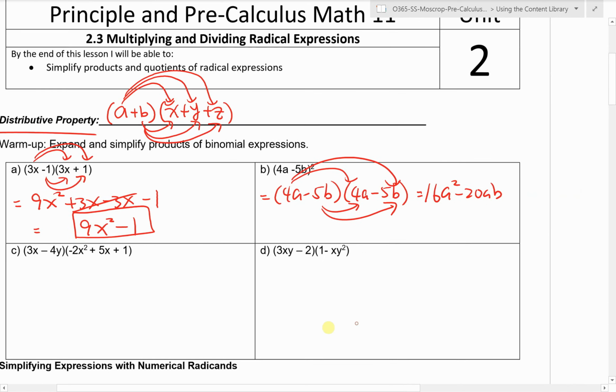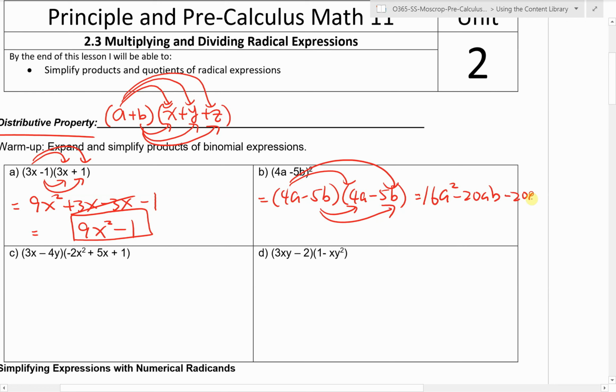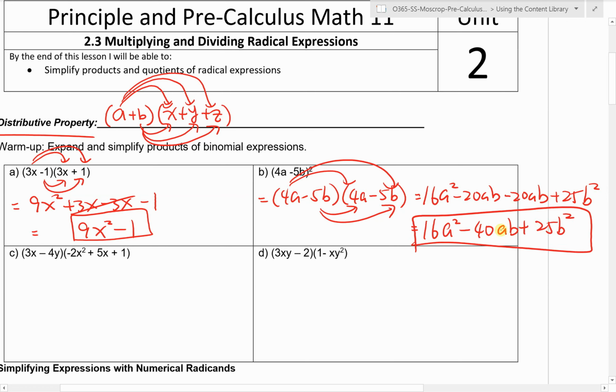Negative 5b times 4a, that's also negative 20ab. And then we have negative 5b times negative 5b is 25b squared. Collect like terms, we have 16a squared. The middle two, when you combine them, you get negative 40ab plus 25b squared at the end. Okay, so be careful. You have to make sure you expand and then distribute.